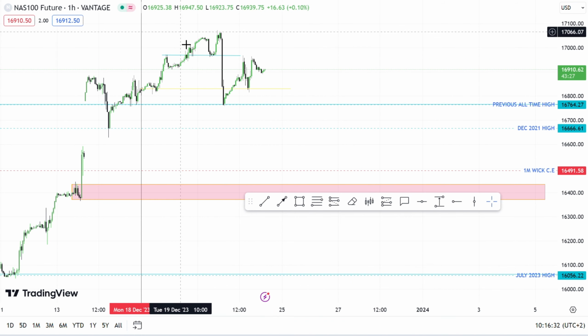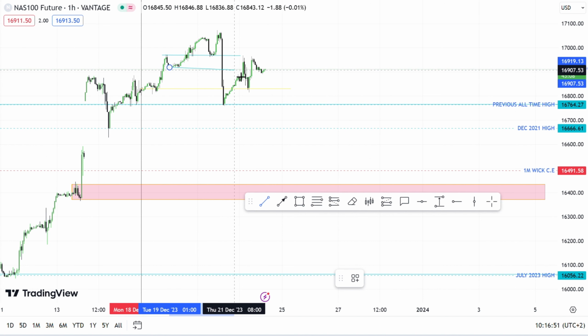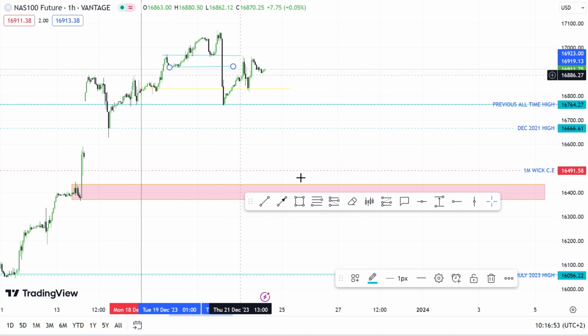Liquidity has been taken above. After liquidity is taken above, what confirms that we're in a sell model? It must come back and take out this low right here. That's when we'll know that we are in a sell model. This is the 1 hour sell model.